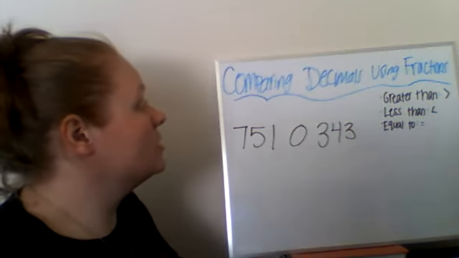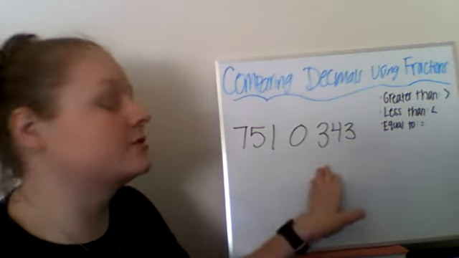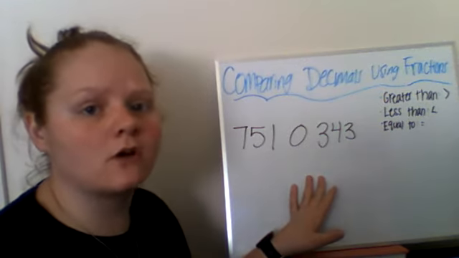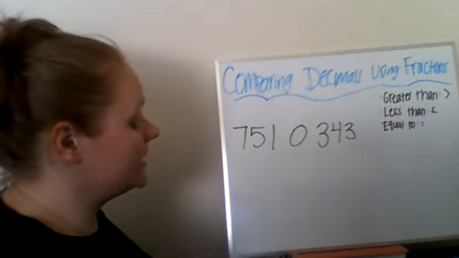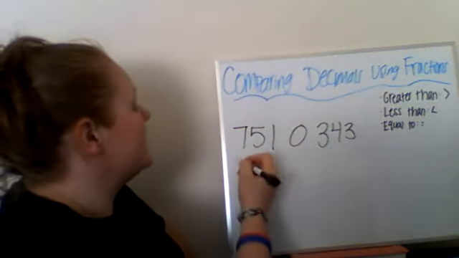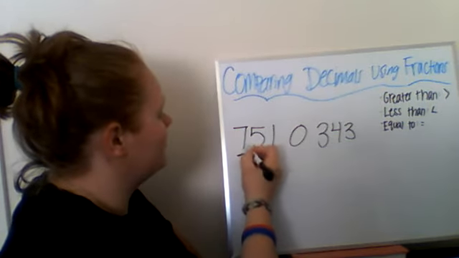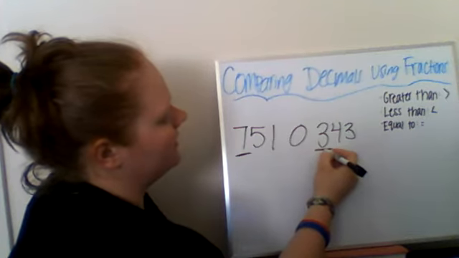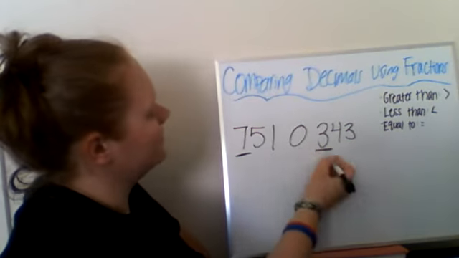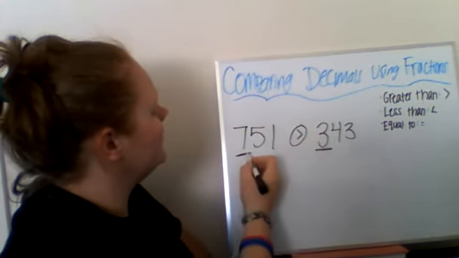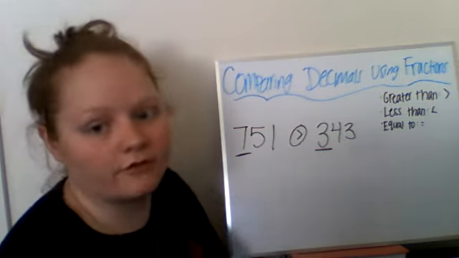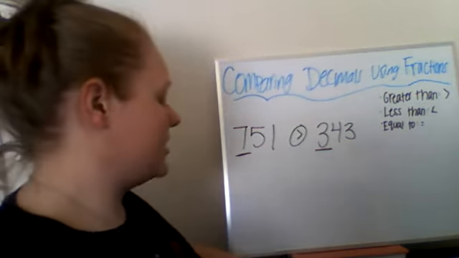When we have two numbers and we're comparing them, we start with the greatest place value and work our way over to the smallest. Our greatest place value in this case is the hundreds place. So we have 7 in the hundreds place over here and 3 in the hundreds place over here. 7 is greater than 3. So 751 is greater than 343. That's how we do that.